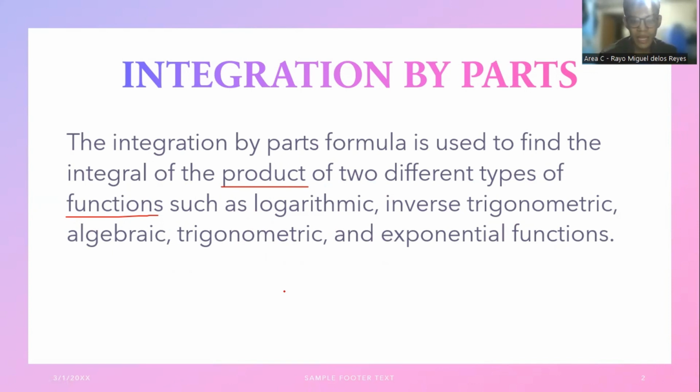Halimbawa, meron tayong integral of x squared, tapos may ln of x, dx. So kapag may na-encounter tayo na product ng dalawang types of functions, doon natin ginagamit si integration by parts. Ayan.